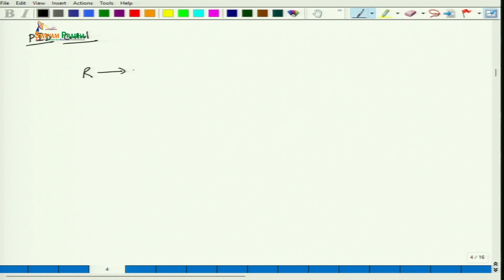So let us draw the block diagram. So here we have the reference, the summation, we get the error, and our controller. So here we have the proportional part, next we have the integral part, and finally the derivative part.